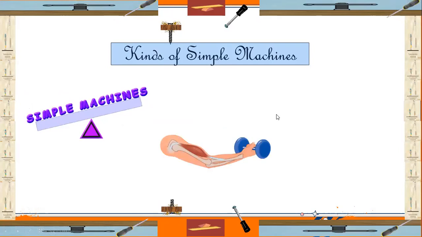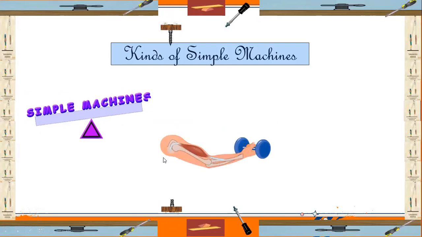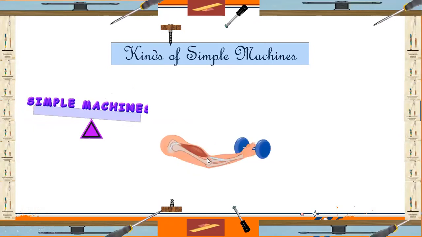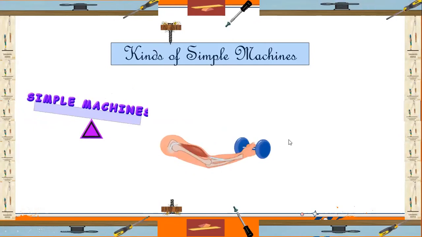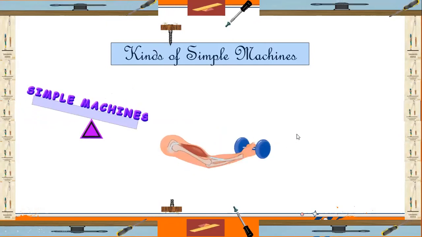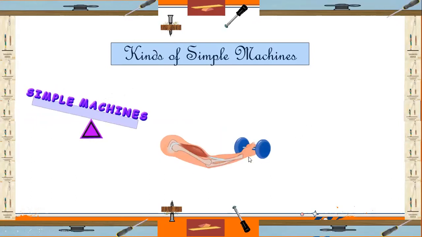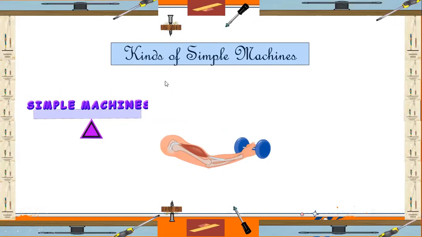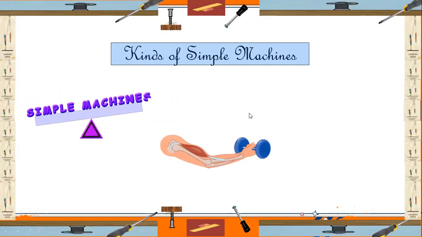Lever systems are in our bodies as well. In the elbow, the joint acts as a fulcrum, and the weight of the forearm and the object held by the forearm act as the load. The effort is applied by the two muscles in the upper arm.